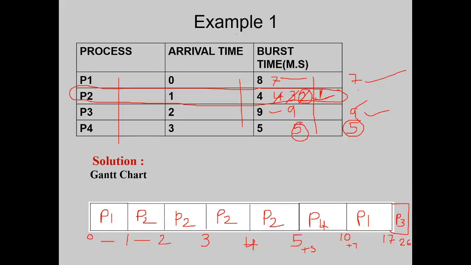Now further, when processes stop arriving in the ready queue, the process which has less burst time will be given the CPU and has to complete its full execution, and then the CPU will be given to some other process to complete its full execution. So at the beginning there is an interruption, but once the processes stop arriving, then a process, once it is allocated, has to complete its full execution.